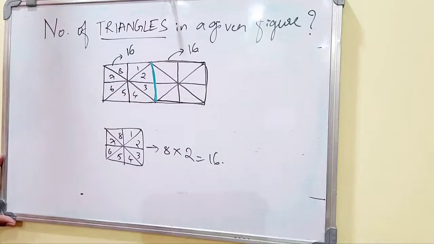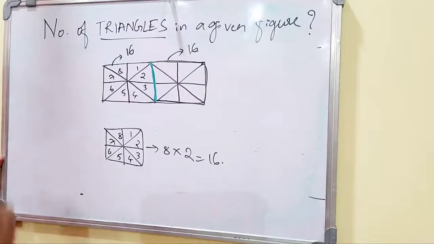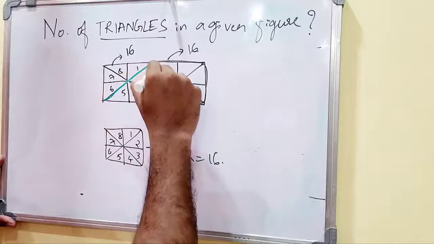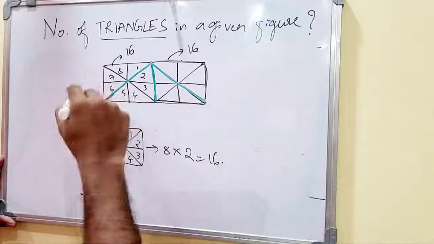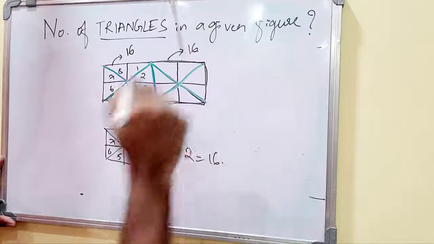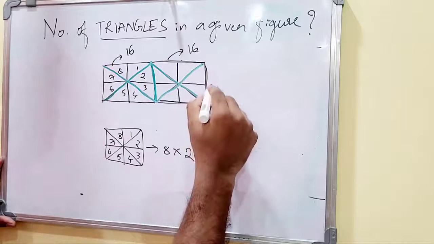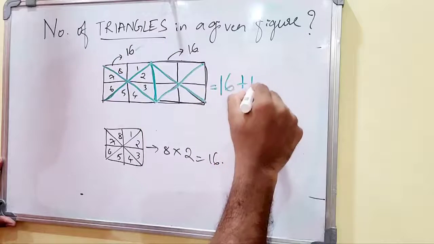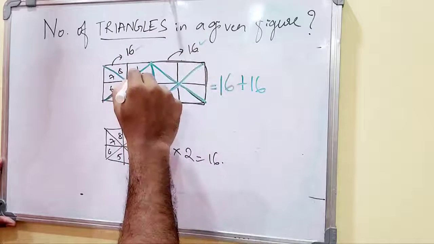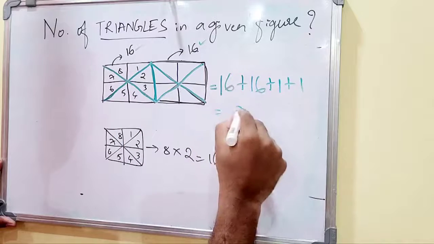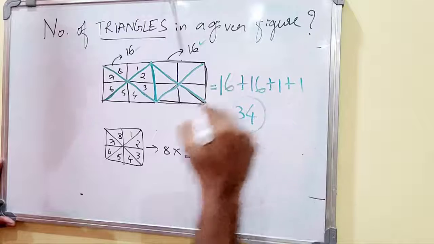This line contributes two more triangles. Which are those? This one, huge one, 1. This one, huge one, 2. So the total number of triangles here would be 16 plus 16, 1 plus 1, 1 plus 1. This equals 34 triangles.